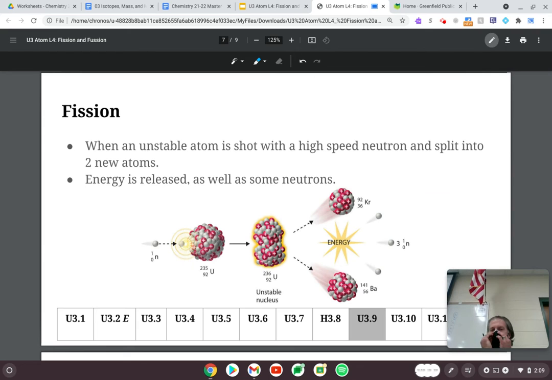Fission is when we take an unstable atom and we agitate it some more, make it even more unstable, and then it splits into two new atoms.